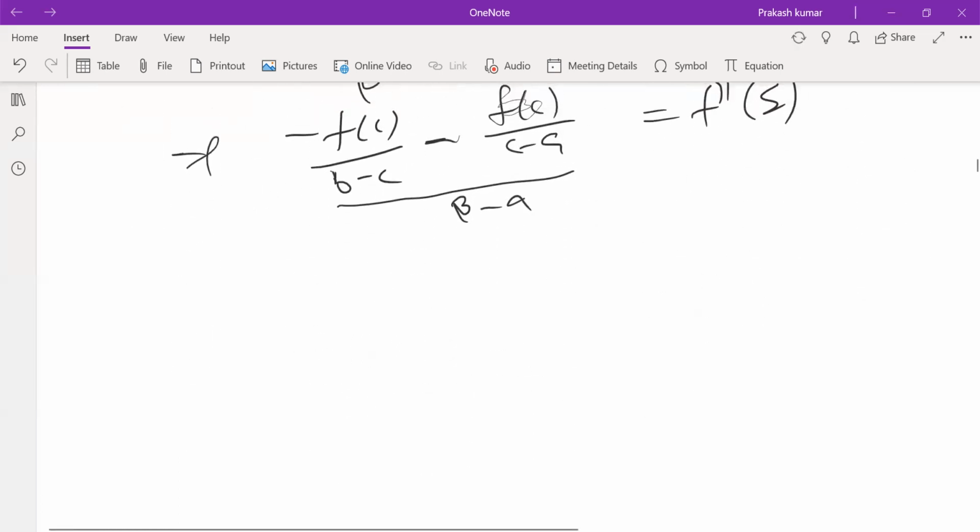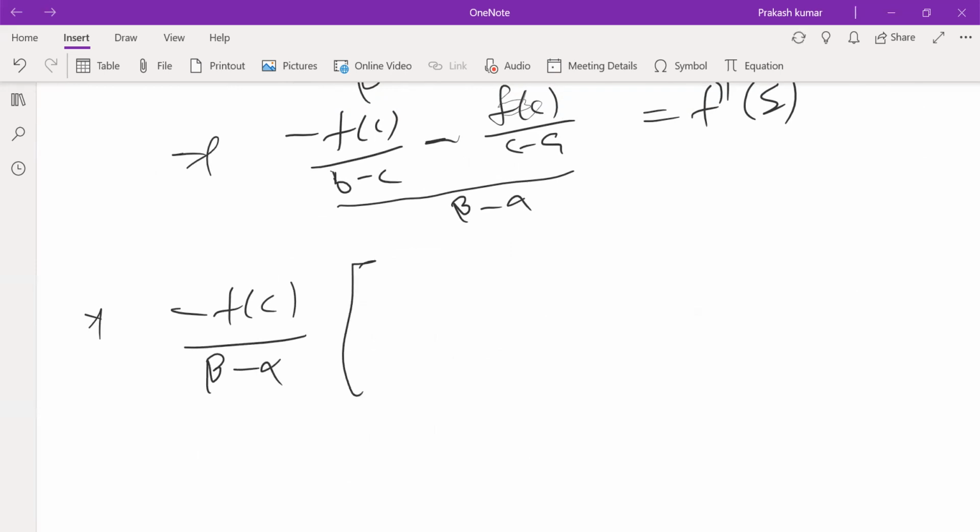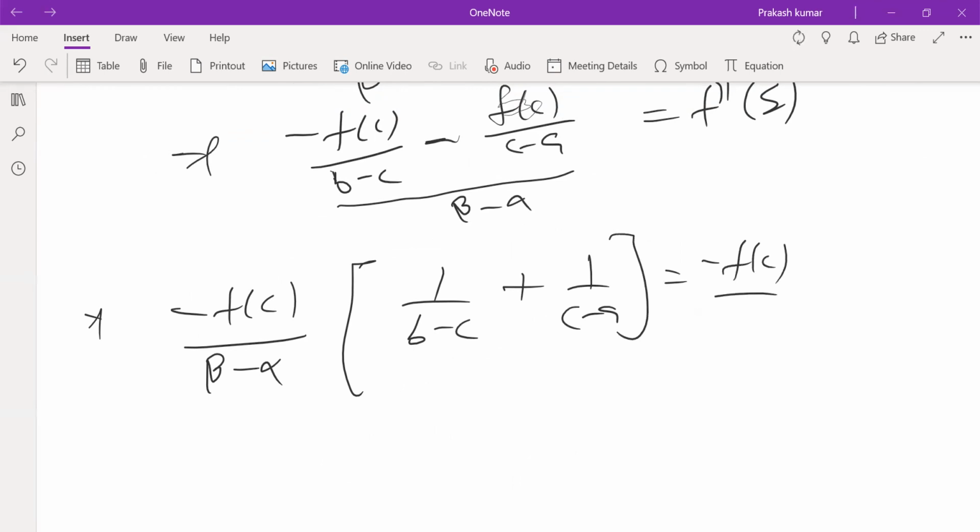So from this you can take minus of f(c) upon beta minus alpha common, and then you will be left with 1 by b minus c plus 1 by c minus a. This will be minus of f(c) by beta minus alpha into c minus a plus b minus c by b minus c, c minus a.